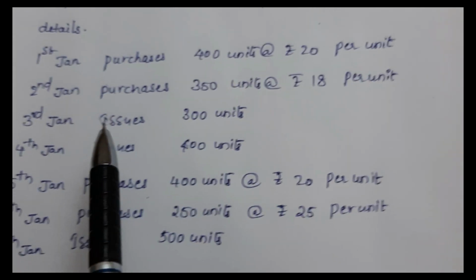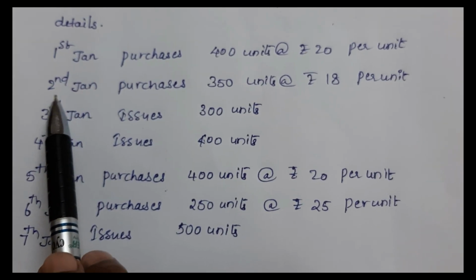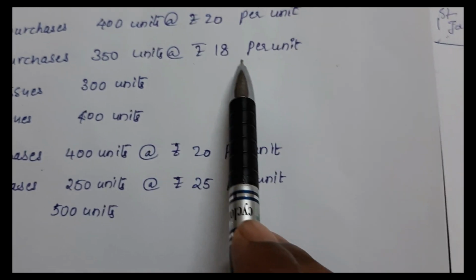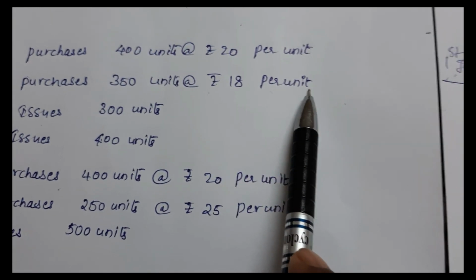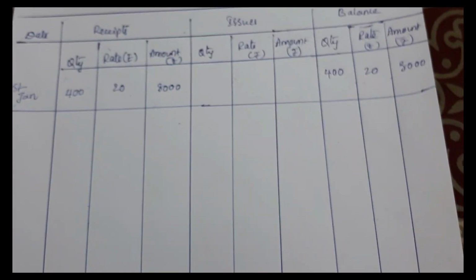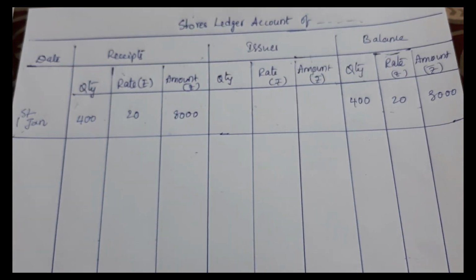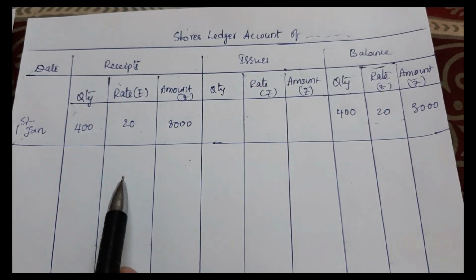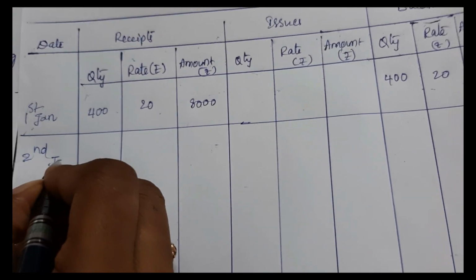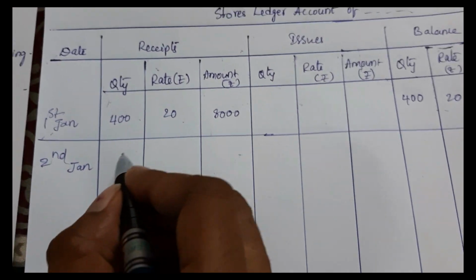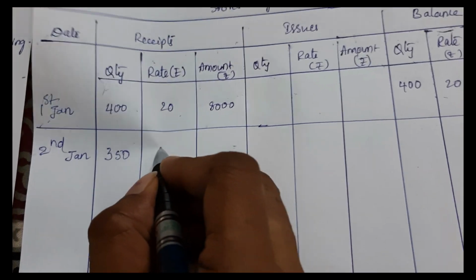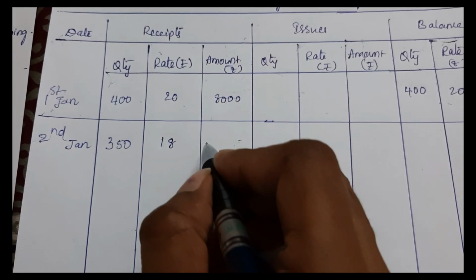Now we will see the second day transaction. On 2nd January purchases 350 units at the rate of rupees 18 per unit. So this transaction has to be recorded in the stores ledger account, and as this is also purchase, we have to write in the receipts column only. Date is 2nd January, 350 units purchases at the rate of 18 per unit.